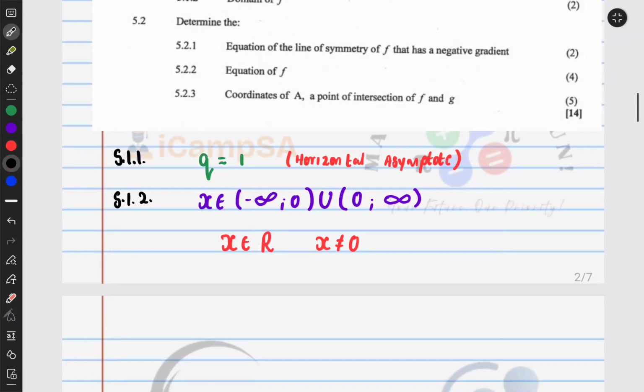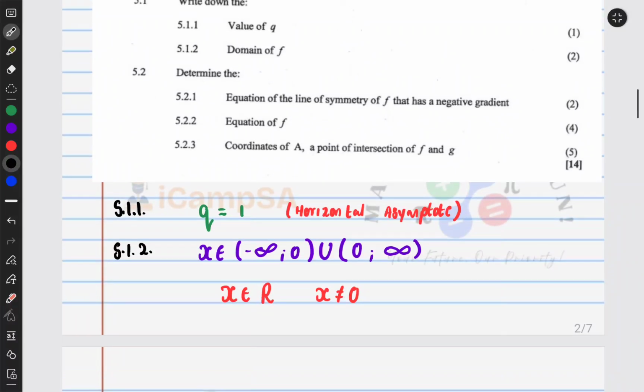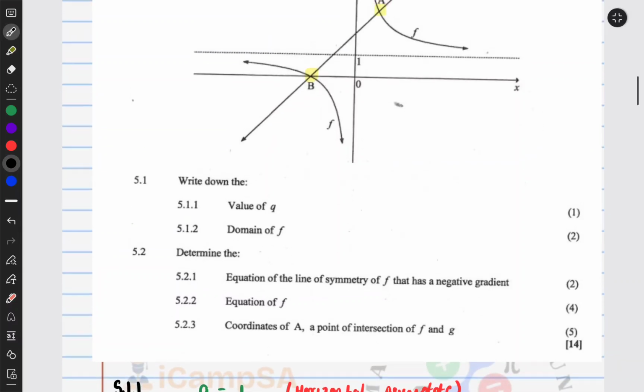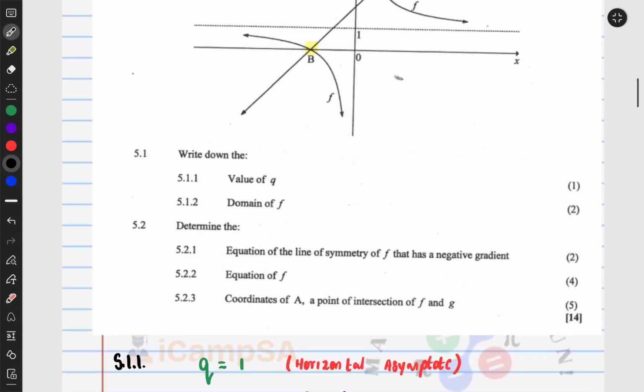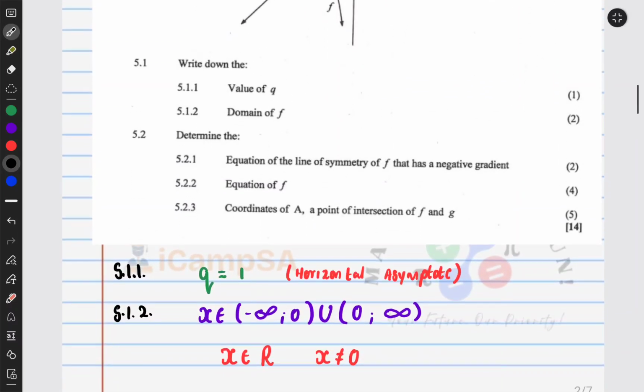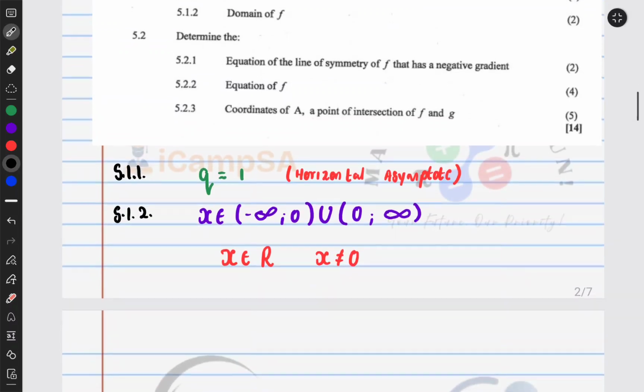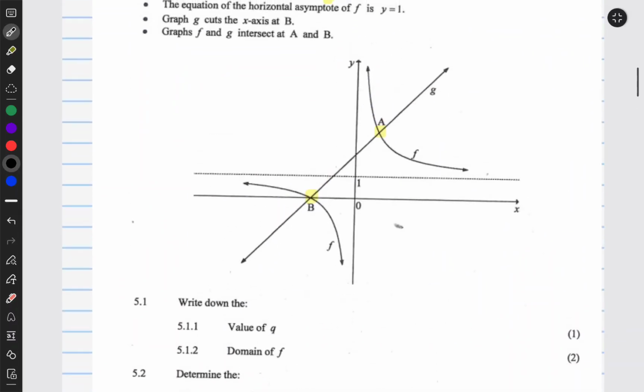Okay, and then for 5.2.1, determine the equation of the line of symmetry of f, the line of symmetry of this graph that has a negative gradient. Remember that the line of symmetry for the graph passes through the horizontal asymptote.